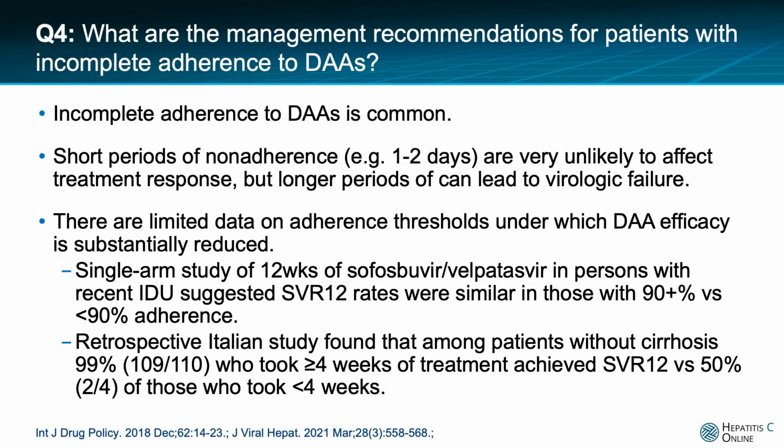Among those with cirrhosis in this study, 95% of those who completed at least 8 weeks of therapy achieved SVR12 compared to 83% of those who took less than 8 weeks. Treatment varied across this retrospective analysis, with 24% of patients receiving ledipasvir/sofosbuvir, 19% receiving sofosbuvir/daclatasvir, and 14% receiving sofosbuvir/velpatasvir.